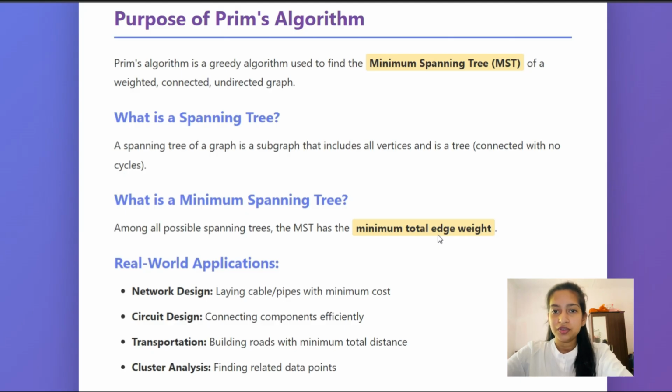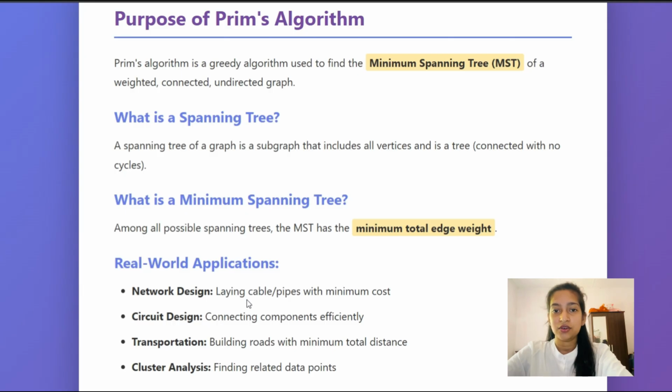So where do we use it in real life? First, in network design. Imagine you need to lay cables or pipes connecting multiple cities. You want to connect all of them with the minimum total cost.